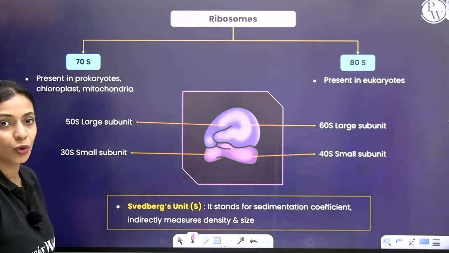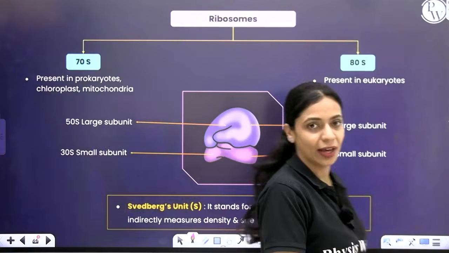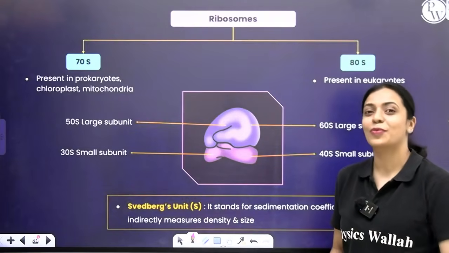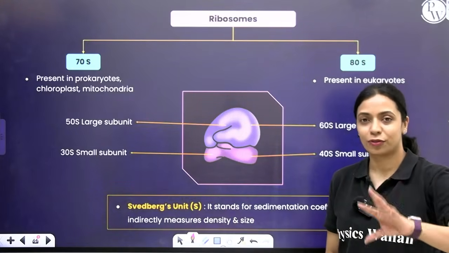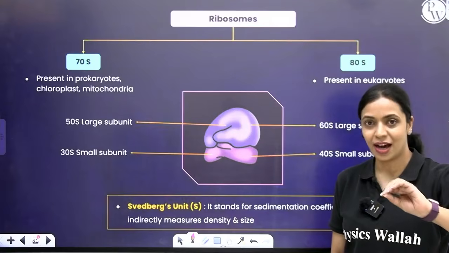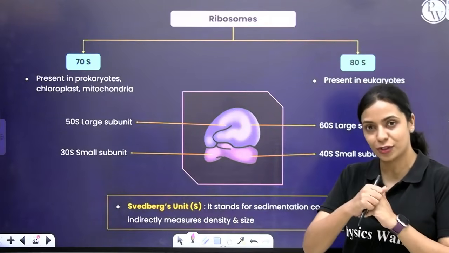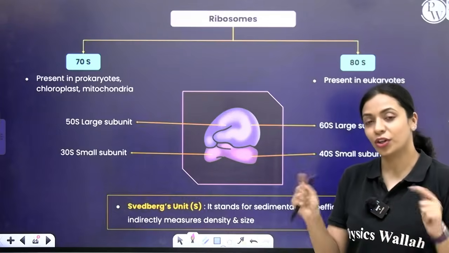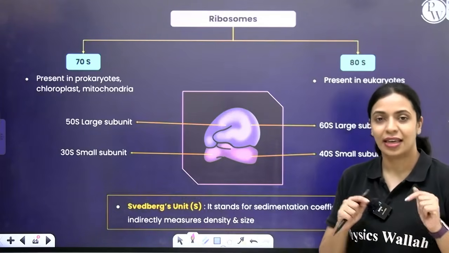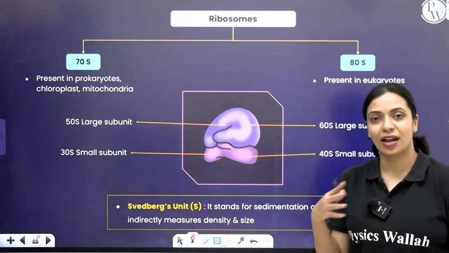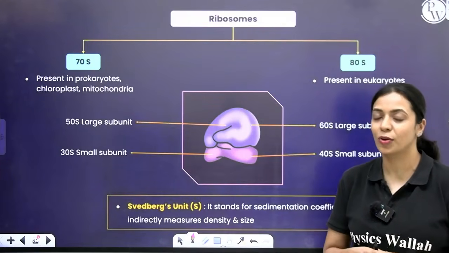Talking about eukaryotic ribosomes, in eukaryotes you have 80S type of ribosome. The ribosome that you find on the surface of ER is 80S. What you find in the cytoplasm is 80S. What you find on the surface of nucleus is 80S. But what you find in chloroplast, in mitochondria, that is 70S. In 80S ribosome, the large subunit is 60S and the small subunit is 40S.